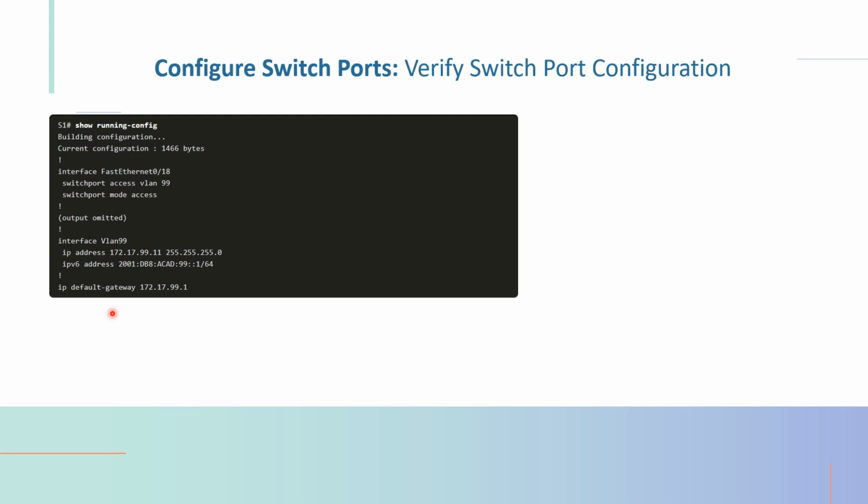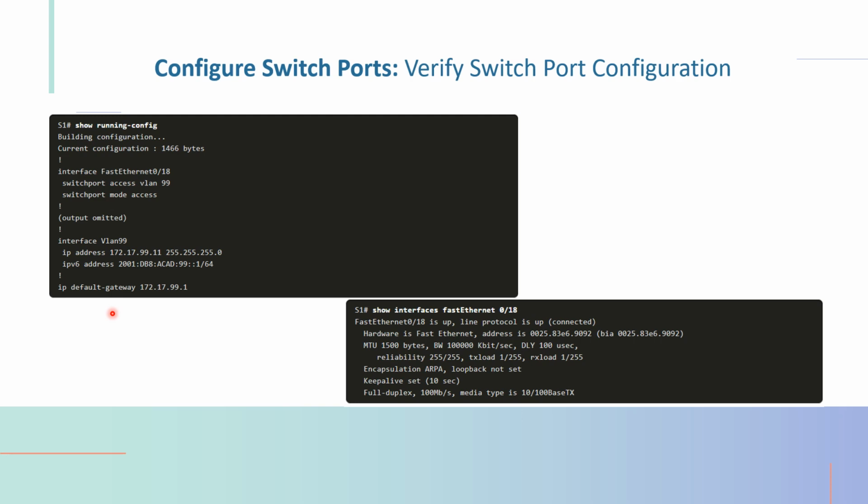If we use show interface and specify which interface we want to see, in this case FastEthernet 0/18, it will show information, and by this we are able to see that the interface is up, which means that it is operational.